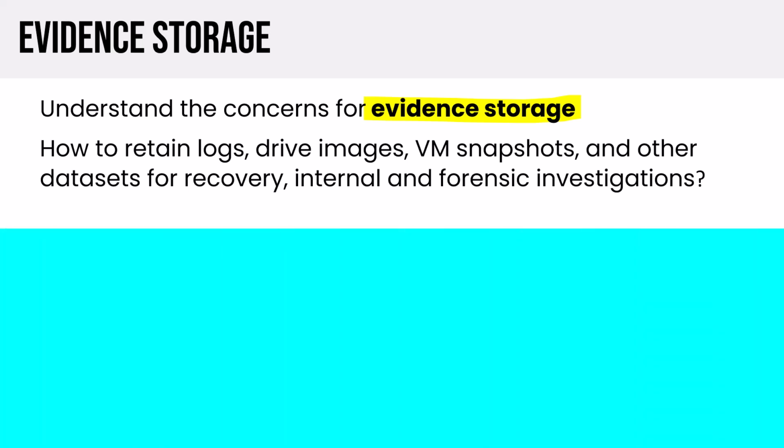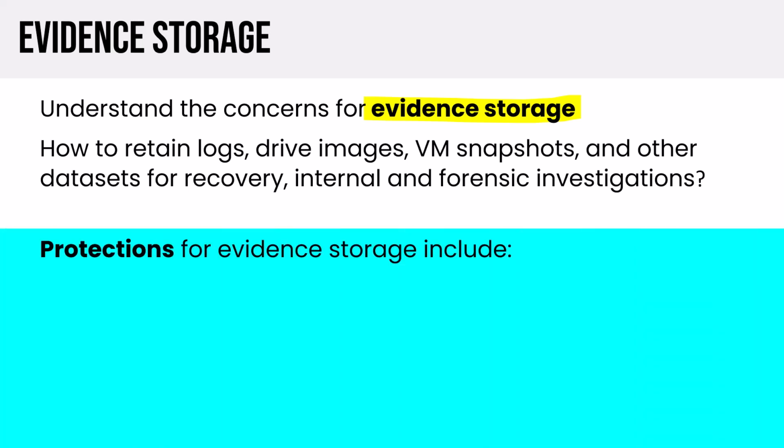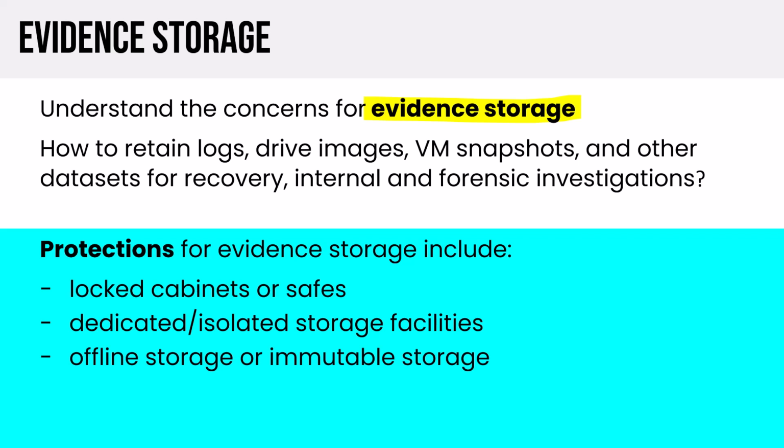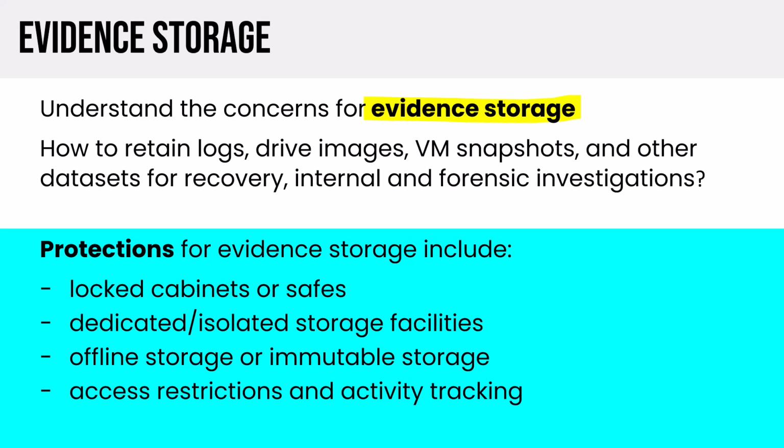Protections for storage may include lock cabinets or safes, dedicated or isolated storage facilities, offline storage or immutable storage that we talked about a moment ago, making sure that where this storage is maintained is access restricted and we track any activity in or out of that facility. Hash management and encryption are also important. Remember, if we take a hash of an image, we can take another hash of that image later, and if the two do not match, we know that the integrity of that data has been compromised.